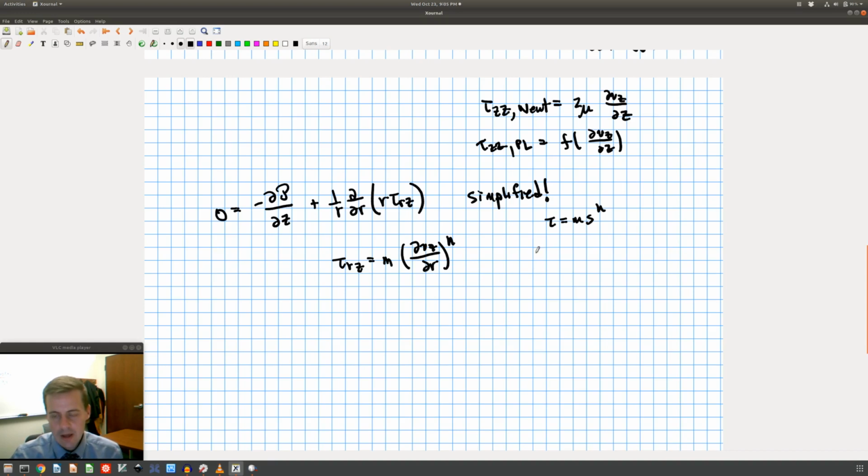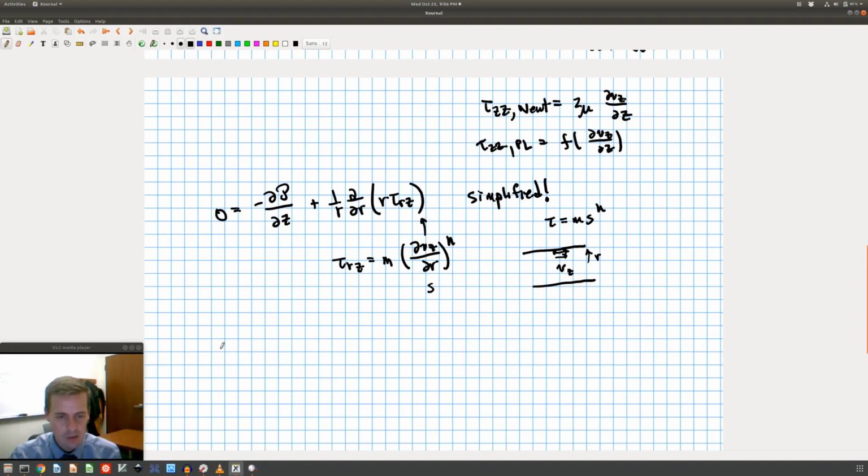To justify that, let me put down a little drawing here. I have vz changing in the r direction, and that is what's giving me my shear rate, right? So vz changing in the r direction, and then I'm taking that to the n power and multiplying by m, and that's giving my shear stress. Hopefully that seems intuitive to you.